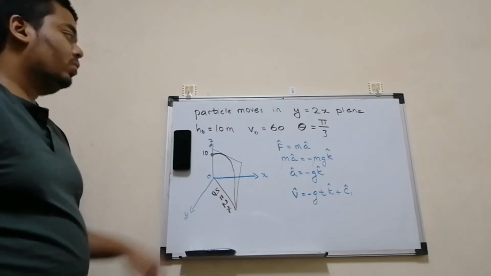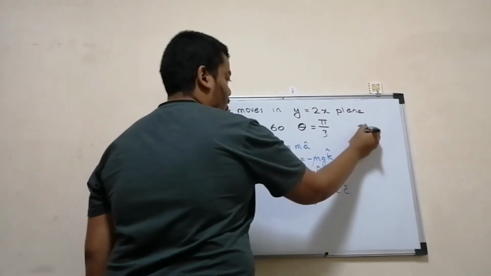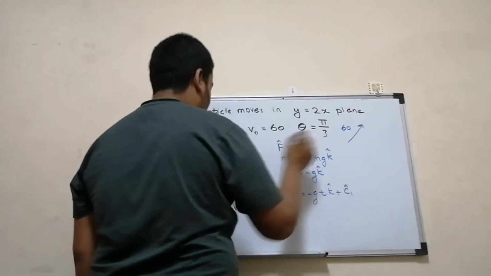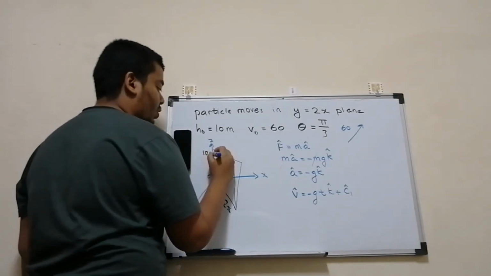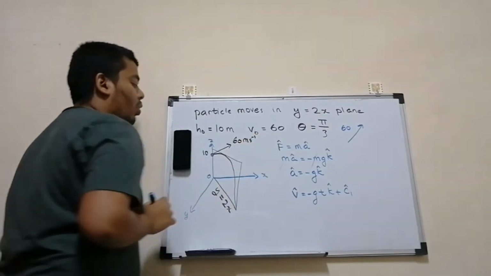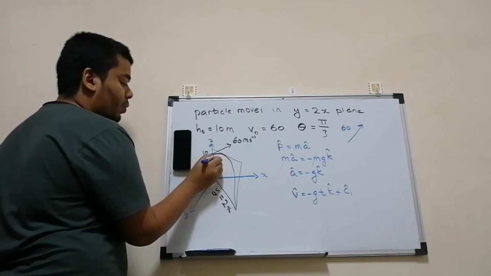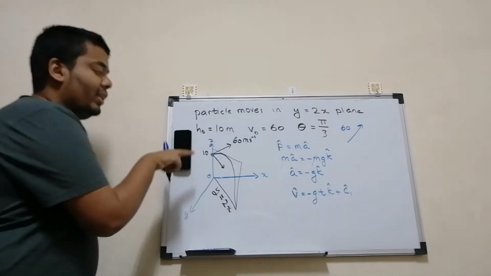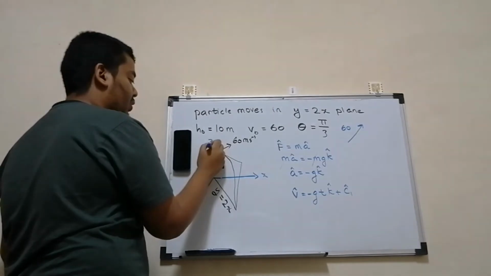So we know that the particle's initial velocity is 60 meters per second. This velocity has a component which is parallel to the y is equal to 2x plane and a component which is parallel to the z-axis.